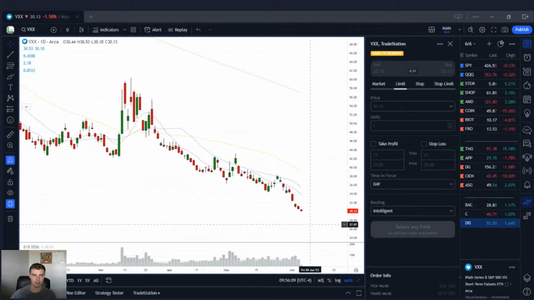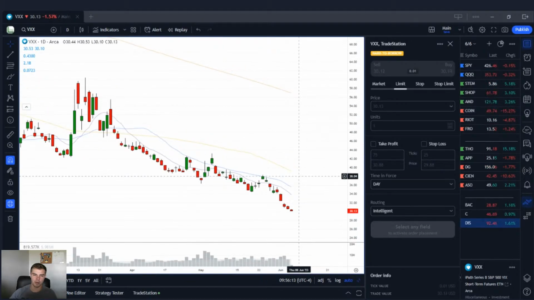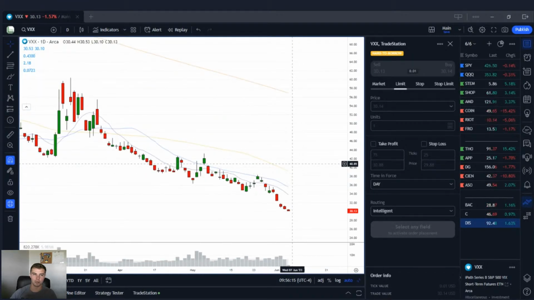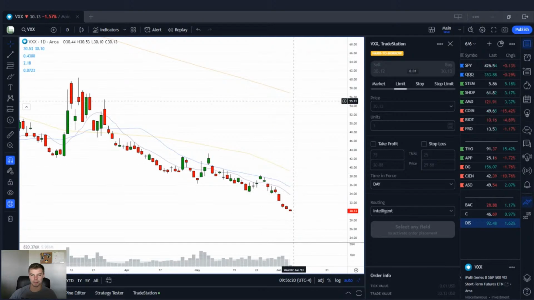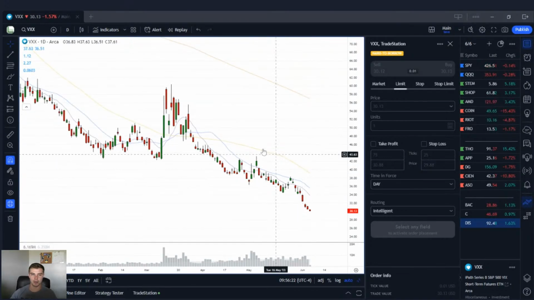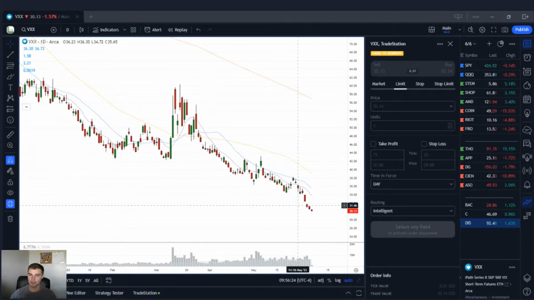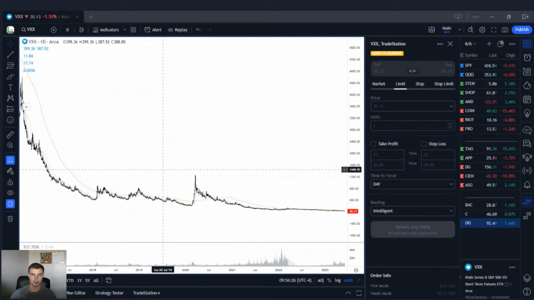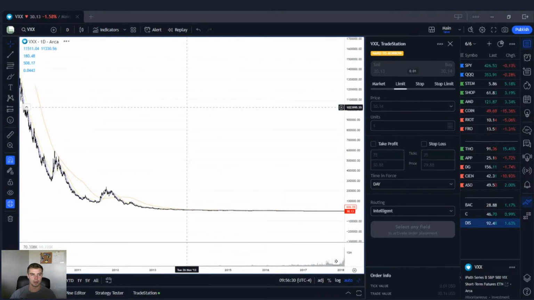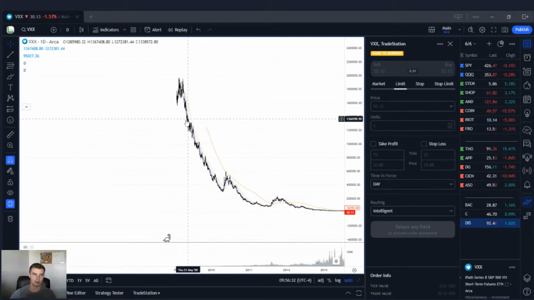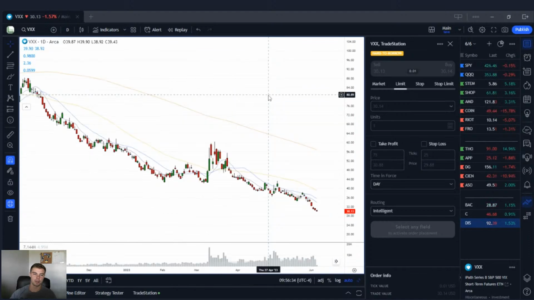These things do just continue to drop lower, but this is hard to borrow. It's usually pretty hard to short a decaying ETF just to get the shares for it. So that's probably going to be the biggest issue here, actually getting the shares. But if you could short it, just hold on to it forever because it's just going to keep going lower and lower. So it's a great short if you can get the shares.